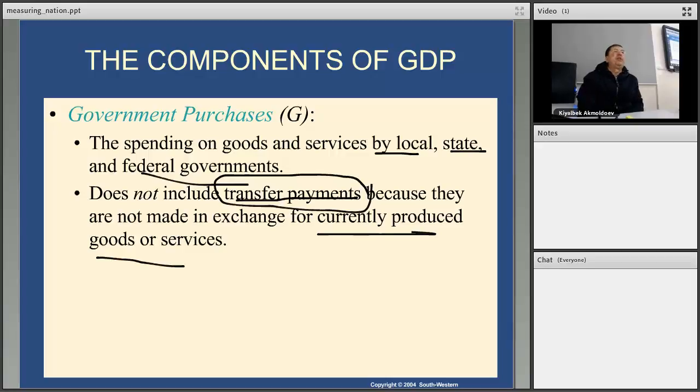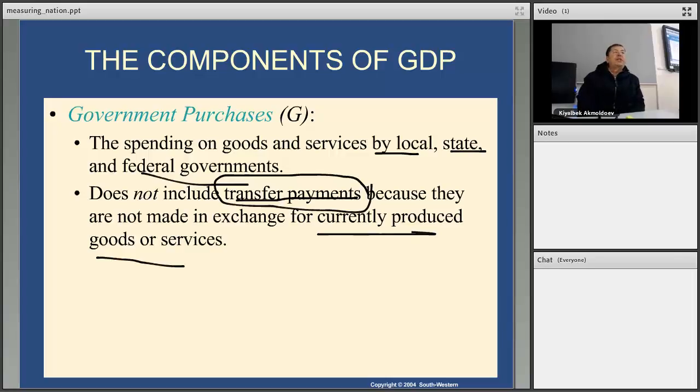So payment for children, support for families with many children by the government. So when government spends money for these pensions, for these social security needs, it is not counted as a government expenditure when we are calculating GDP.